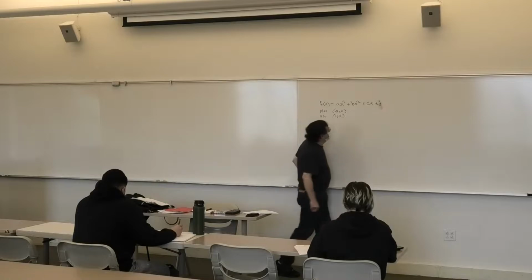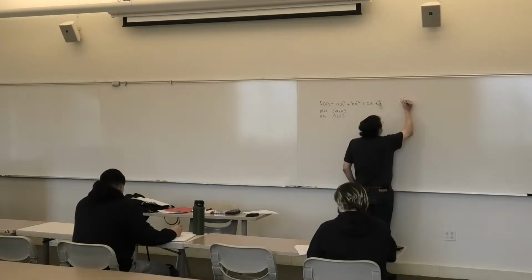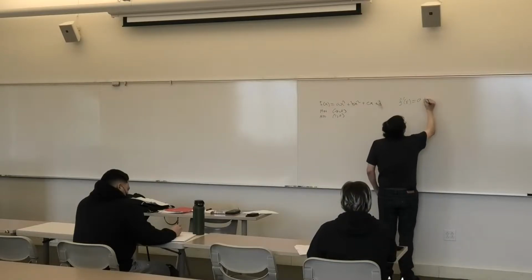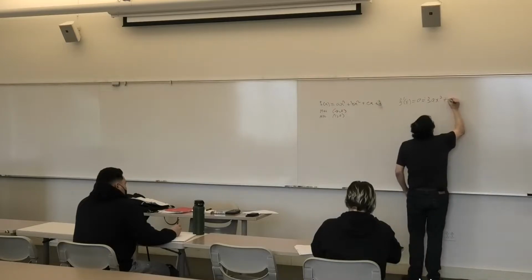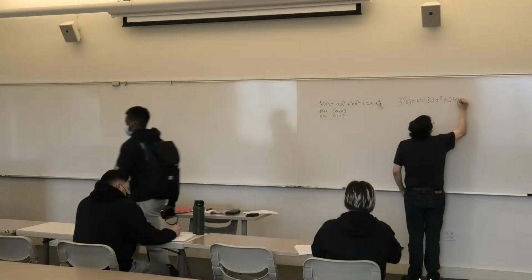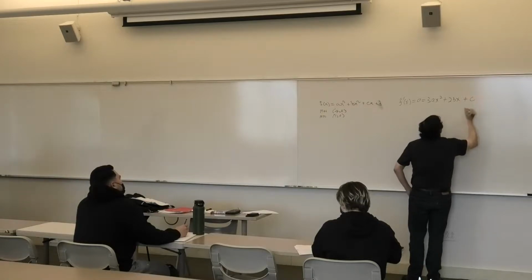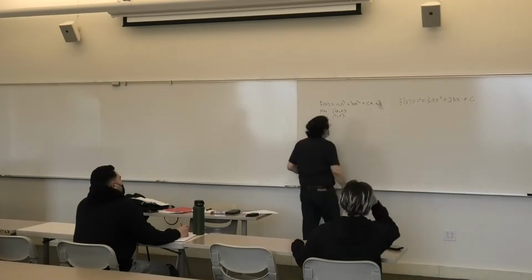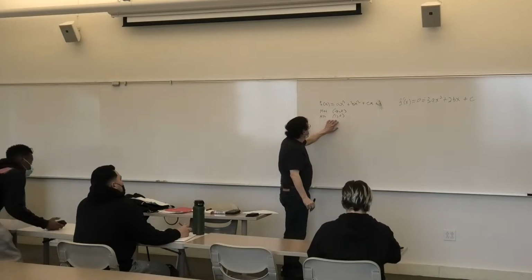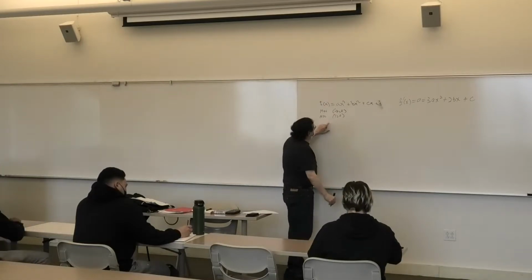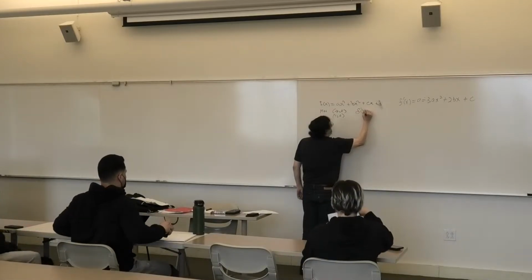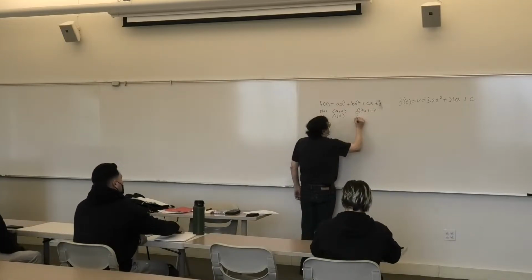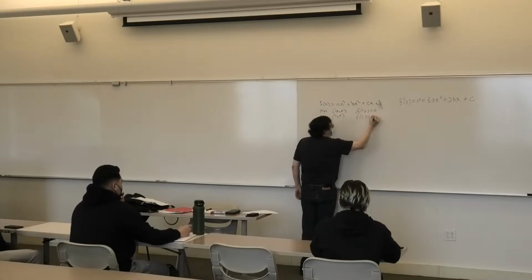Maximums and minimums are going to occur when the derivative is 0. So the derivative is 3ax squared plus 2bx plus c. We know the derivative at -2 will equal 0, and the derivative at 1 equals 0.